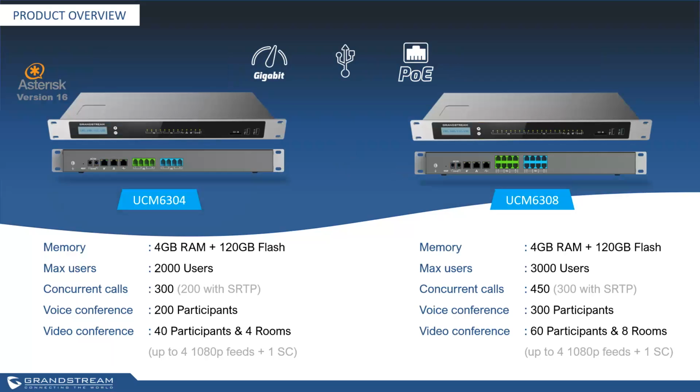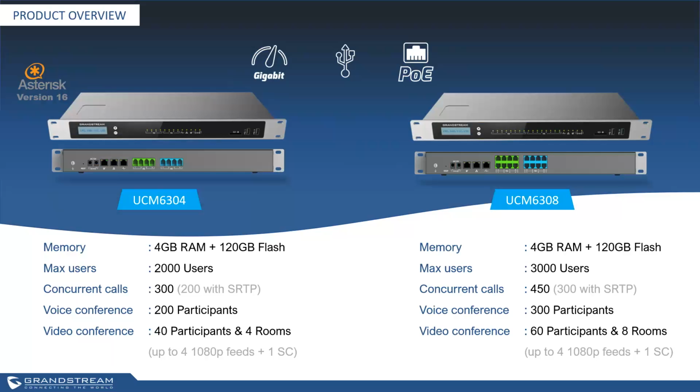These are rack mountable PBX devices. So these, they have large size of memory, 4 gigabyte RAM and 120 gigabytes flash memory. For the 6304, you can have up to 2,000 users. 6308, you can have up to 3,000 users.